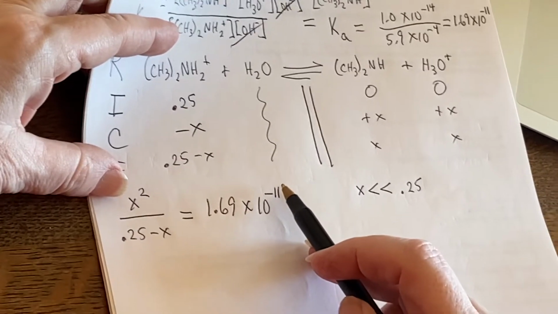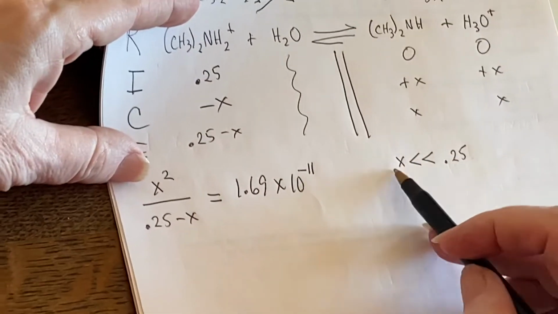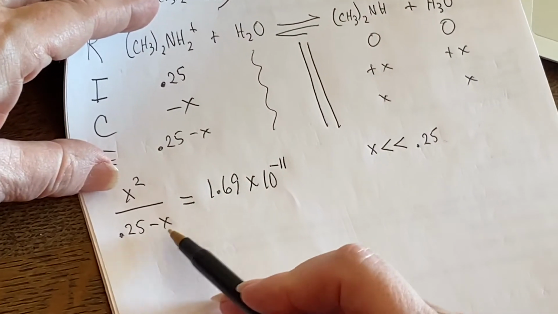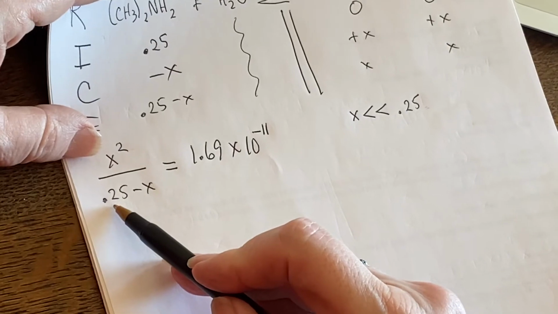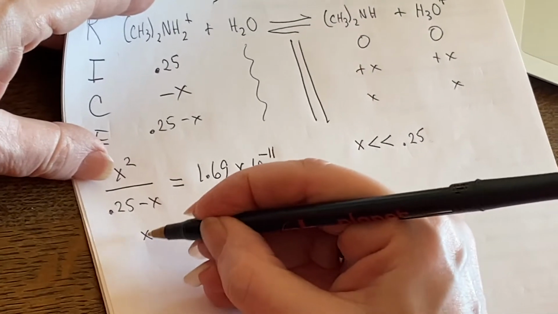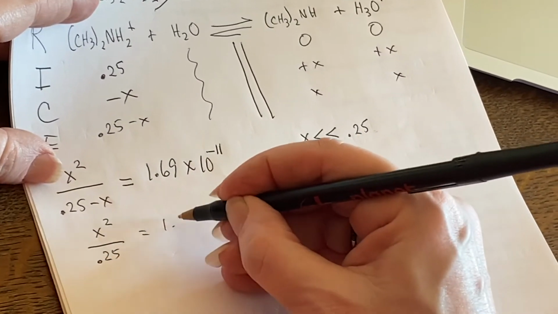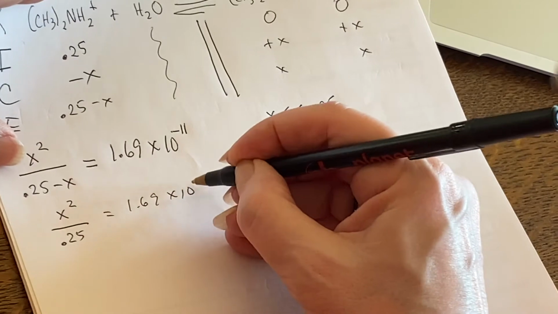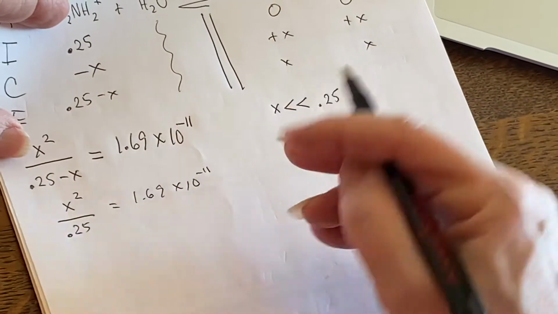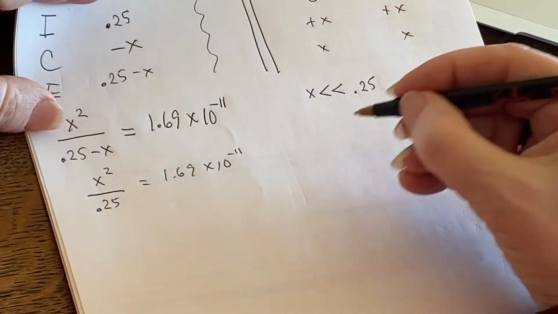So I'm going to use a shortcut. Since x is so much smaller than 0.25, if I subtract it from 0.25, it's not going to make a lick of difference. So I'll say this is just x squared over 0.25 equals 1.69 times 10 to the negative 11. This will avoid having to use the quadratic formula for once.